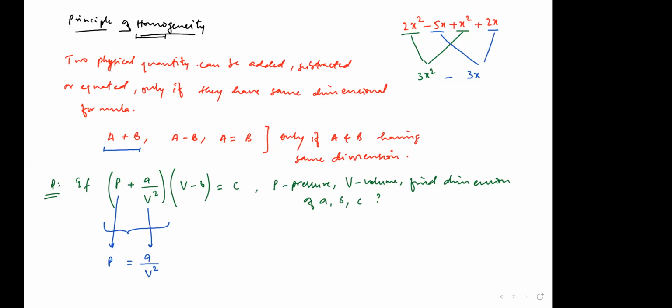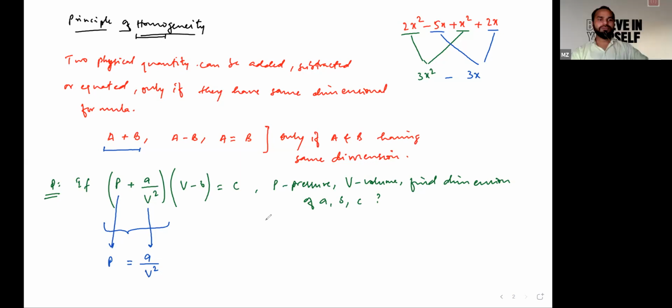So can you explain again? Okay, just 1 minute. In the first bracket, we have pressure plus A divided by V squared. As we have already defined the principle of homogeneity, if two physical quantities are related by a plus sign, minus sign, or equal sign, this relation would be possible only if they both contain the same dimension.